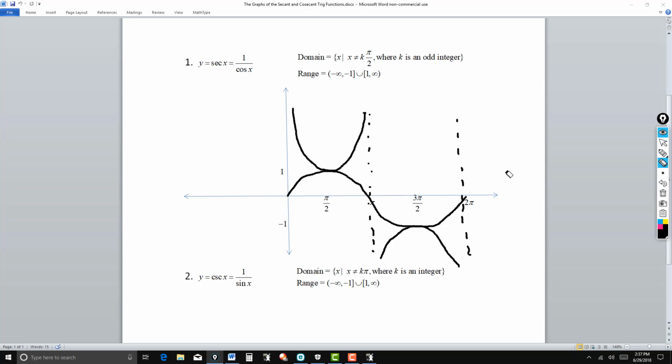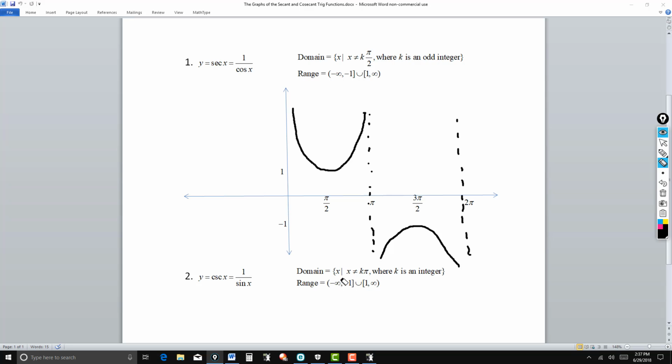And of course the graph repeats. We're just doing 1 period here, so if I remove this, that's your graph. So the point is you can get the graph of the secant and cosecant of x if you know the graphs of sine and cosine, this way.